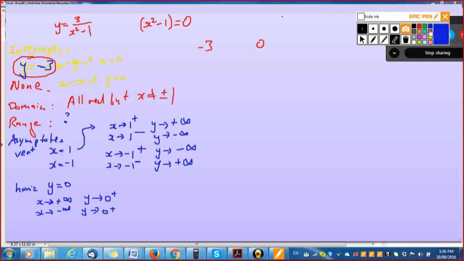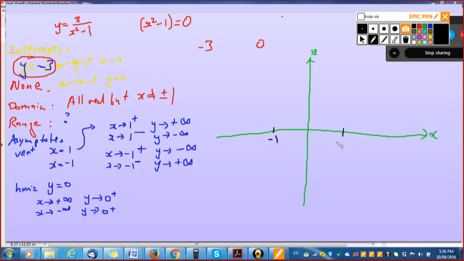So let's try graphing this. When you've got that and that's x, when you've got that and that's y, let's have a look. You've got negative 1 and positive 1 are your asymptotes, right?